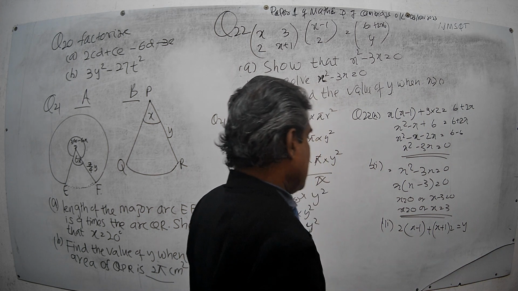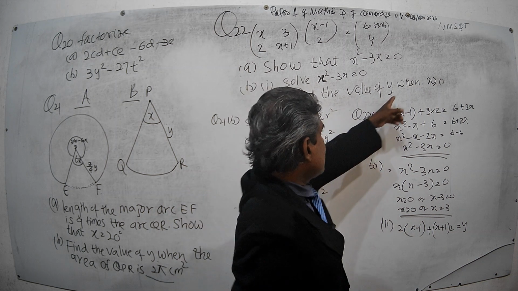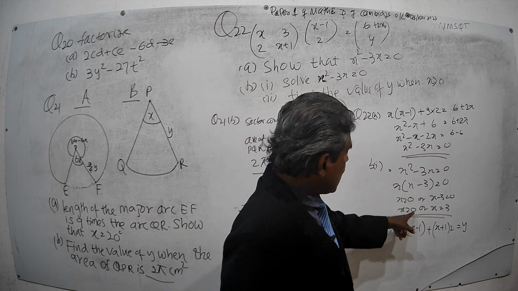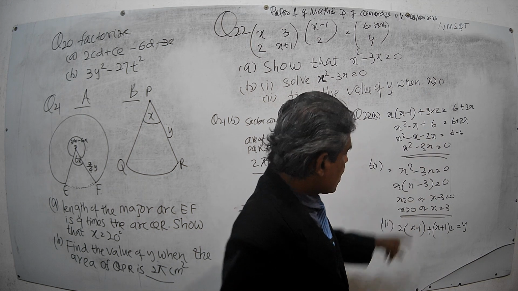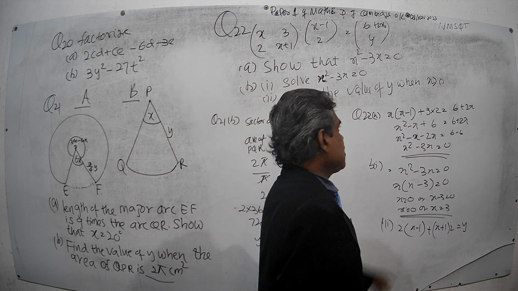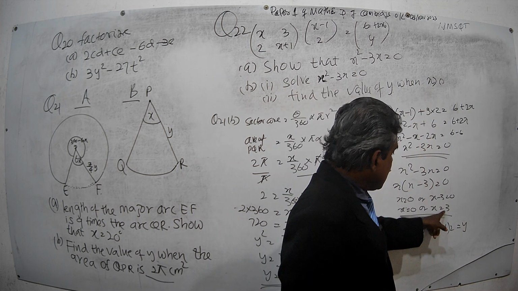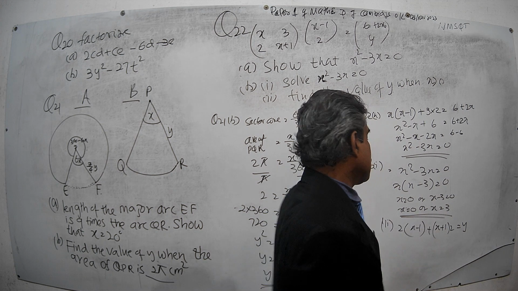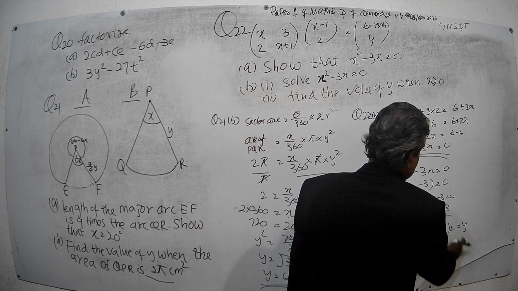Now they ask for the value of y when x is greater than 0. Here there are two answers, x equals 0 and x equals 3. Since x is greater than 0, only x equals 3 should be taken. Then find y when x equals 3.